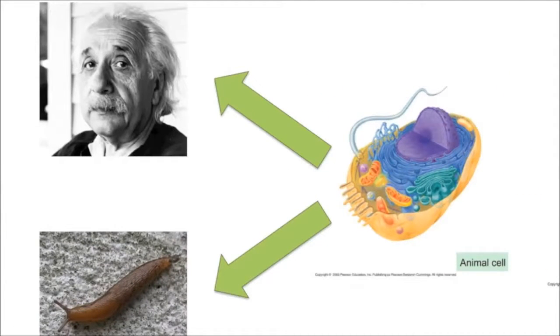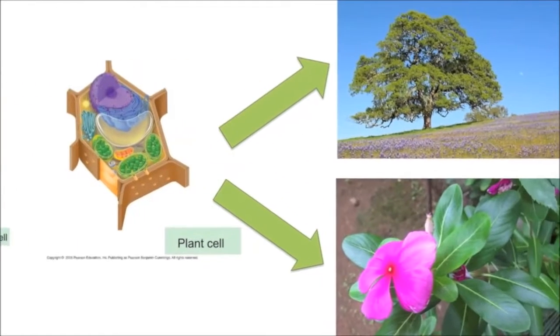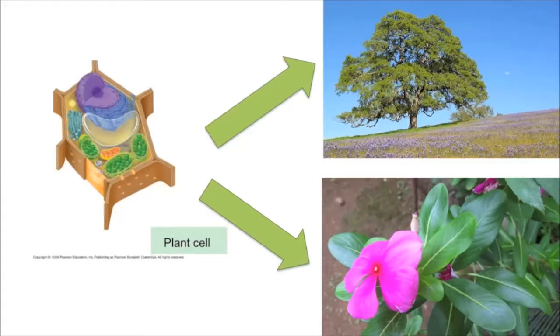The differentiation of animal cells can result in differences between species, such as the difference between Einstein and a slug, as well as within one organism, resulting in different anatomical structures, such as the difference between Einstein's eyes and nose. Plant cells can also differentiate, giving rise to different species and different tissues in individual organisms. Just as they do in humans, the cells in one place may be drastically different than cells elsewhere.